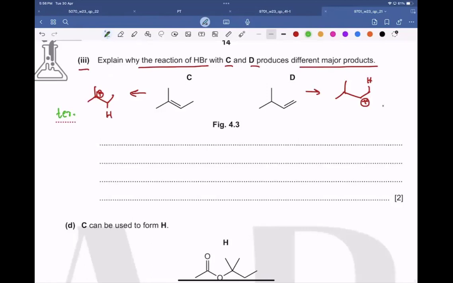And in D, a secondary carbocation has been made, right? And if the other one becomes the carbocation, then in this case it's secondary, and in this case it is going to be primary.